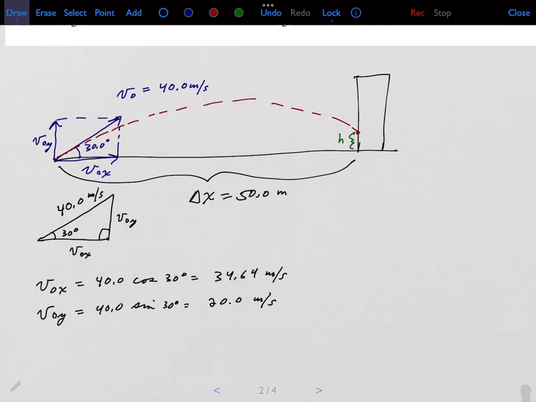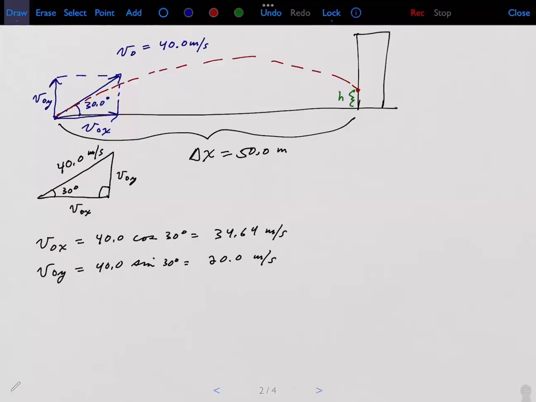In the x direction there's no acceleration, so delta x is going to equal v naught x delta t plus 1/2 ax delta t squared, but ax is 0. There's no acceleration in the x direction. Or again, you could use the fact that the average velocity in the x is delta x over delta t. But since there's no acceleration, the average velocity is a constant velocity. Either equation gives you the same results.